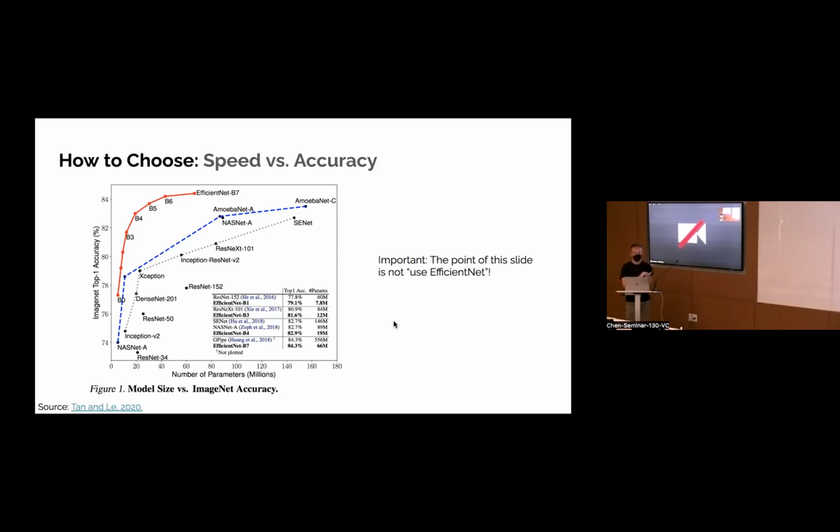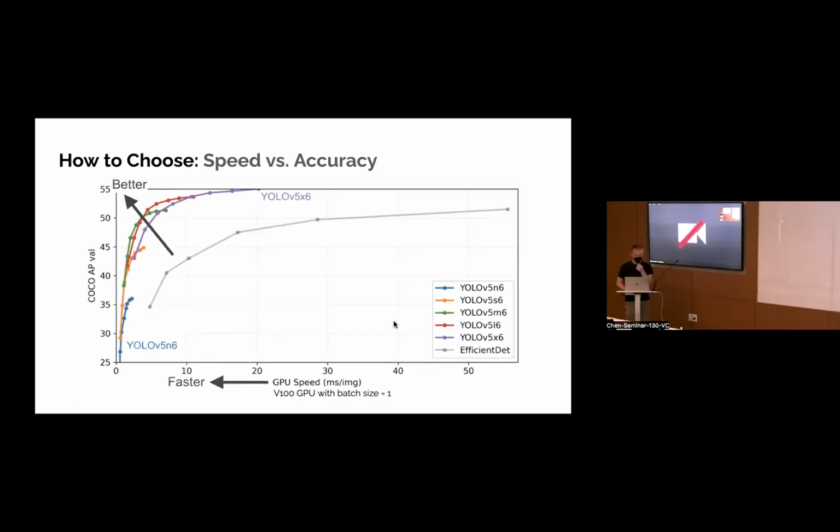On the x-axis, sometimes people will put FLOPs, which is floating point operations. It's similar to the number of parameters; it gets bigger as the model gets bigger. The other way you might see this is people putting the latency of inference on the x-axis.